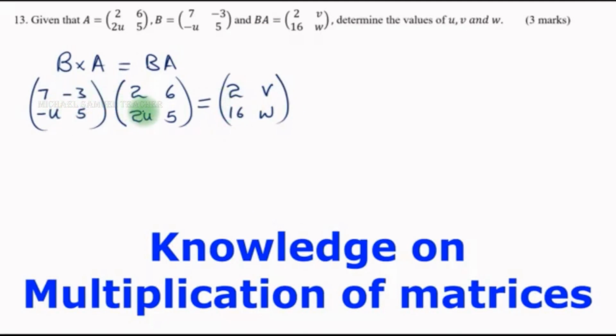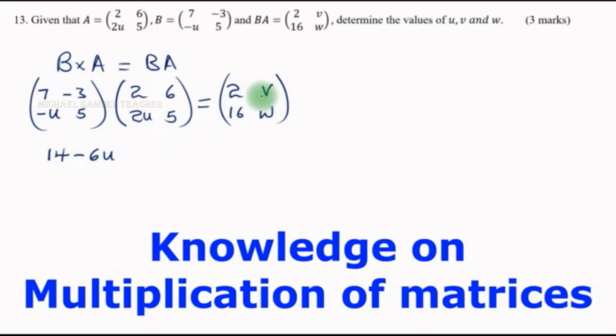So in this situation, we multiply the matrix. To get 2, we multiply the first row times the first column. So this will be 7 times 2, which is 14, plus minus 3 times 2u, which is minus 6u.